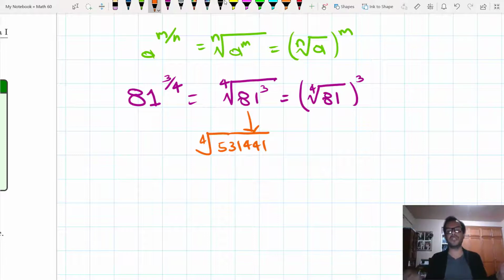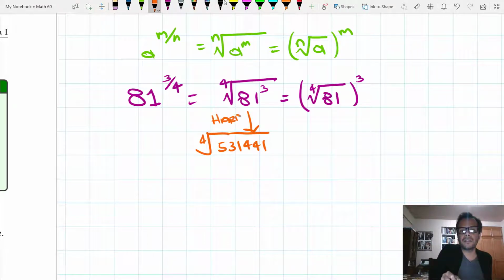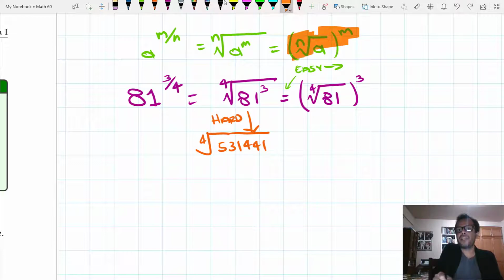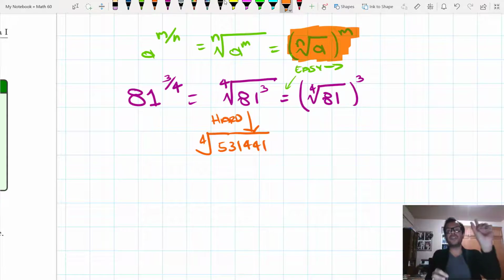And well, the idea is to keep this simple, okay? So this is the hard way. Let me denote it hard. And here I'm going to go the easy way. So instead of raising the number 81 to the third power to get a huge number, use the other version of this and evaluate this instead. In order to do that, evaluate the root first and then cube whatever we get, right?